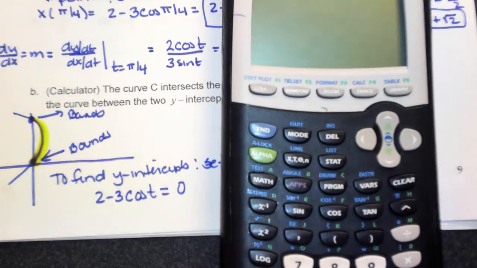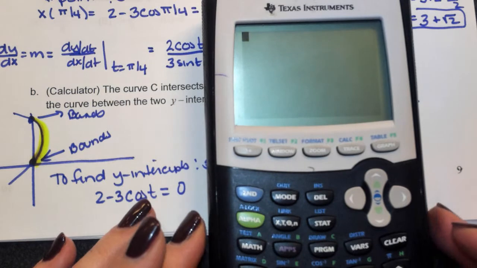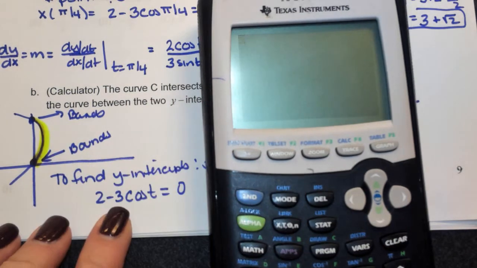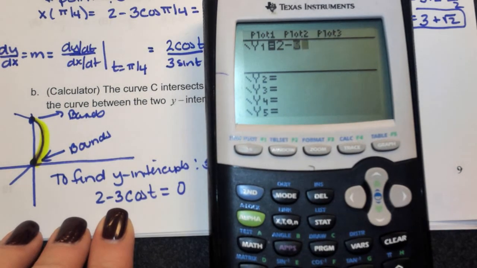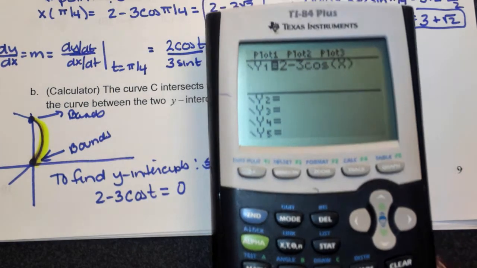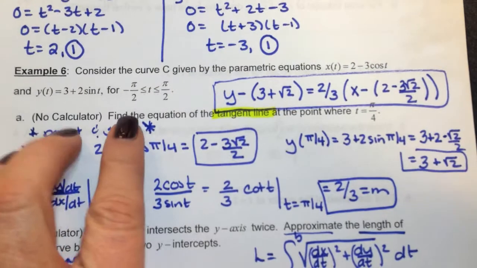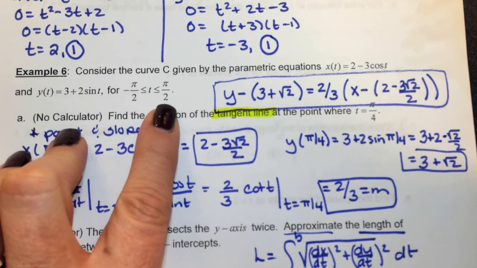What mode, refresh my memory again, am I going to be in on my calculator? Radian. So what I'm going to do is type in under my y equals, 2 minus 3 cosine of t. Again, I'm just going to use x. Now, in the directions, remember, we're only looking for t values from negative pi over 2 to pi over 2.